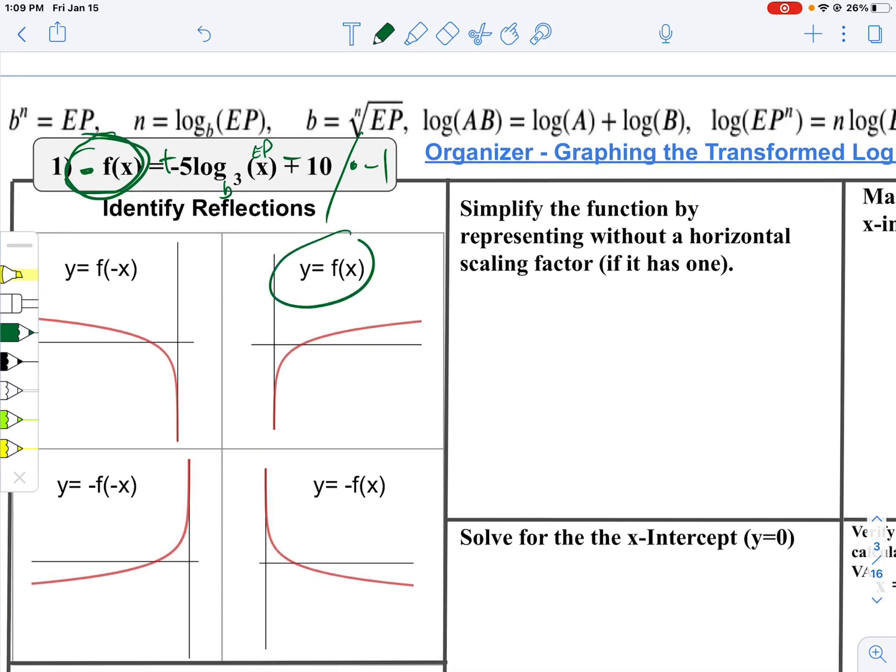This is the basic log curve, but if there's a vertical reflection, it looks like this, a reflection over the x-axis. This is what our curve looks like, the general shape of the curve we're going to sketch in this example.